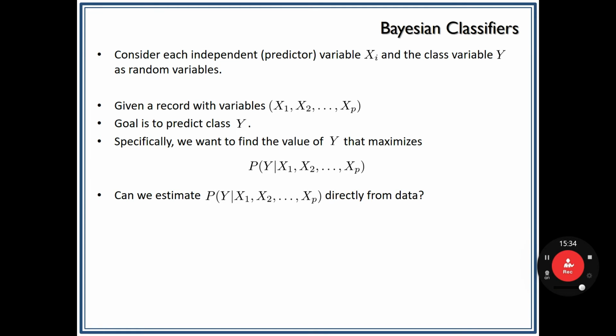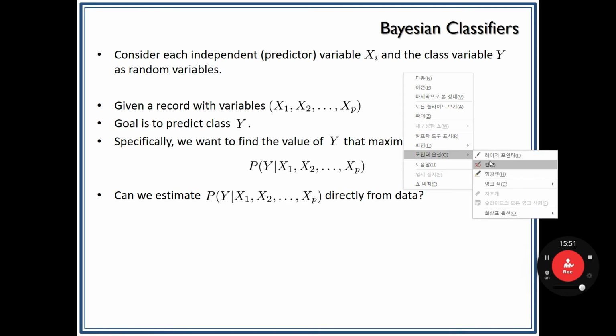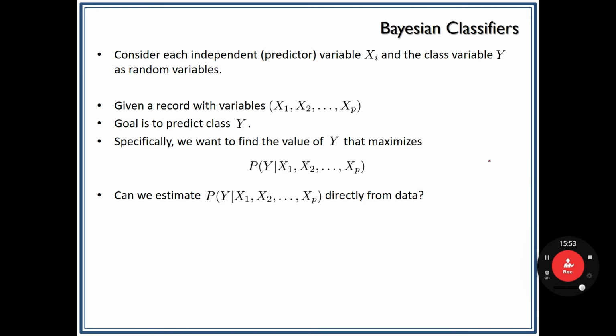And moving to the classification context, actually we can use this concept for the classification task. Treat each independent variable xi and the class variable y as random variables. Then assume that we have observed data points, which means that x1 is some specific value, 10 and 12, and xp is 0.5, something like this.